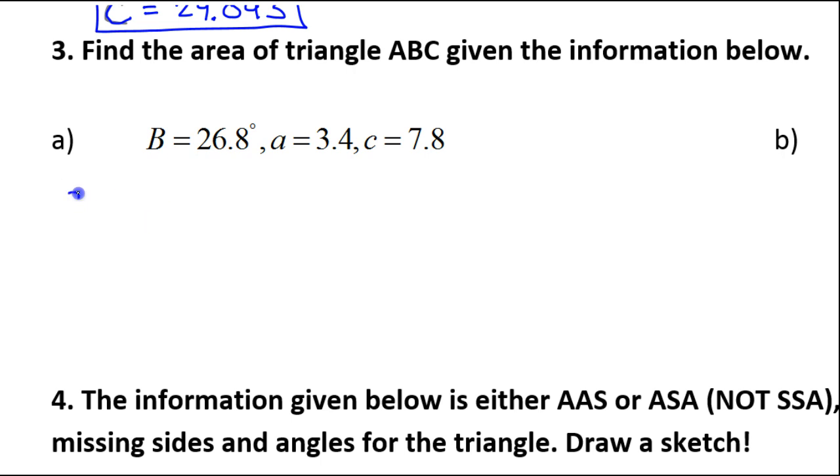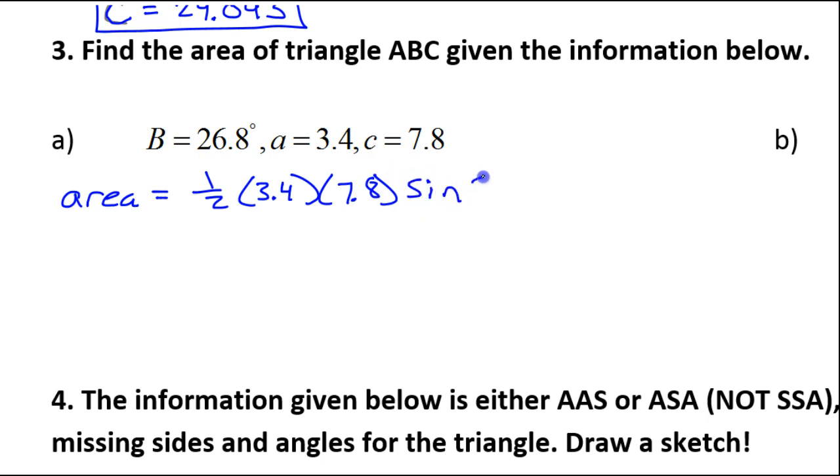Okay, so the area will equal 1/2 one side times the other side times the sine of the included angle. And you could just put all this in your calculator and that'll be the answer. So we find that the area is equal to 5.979.